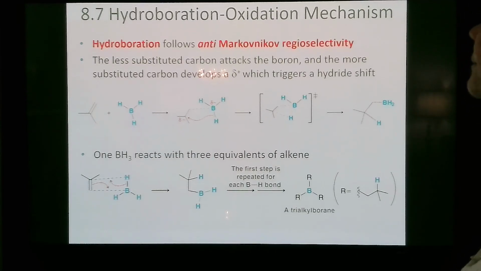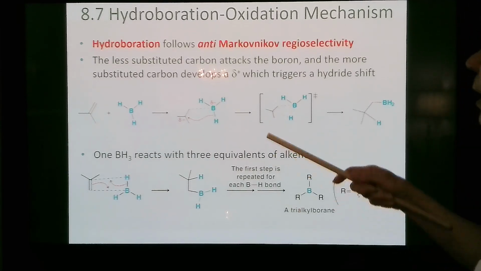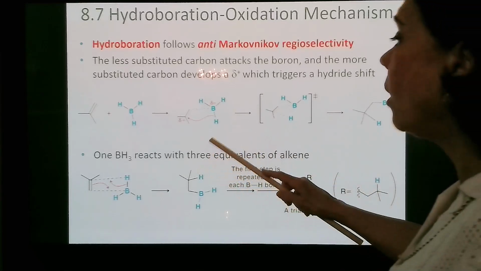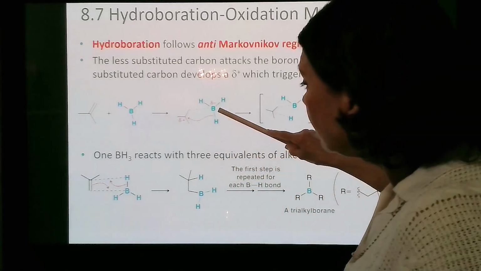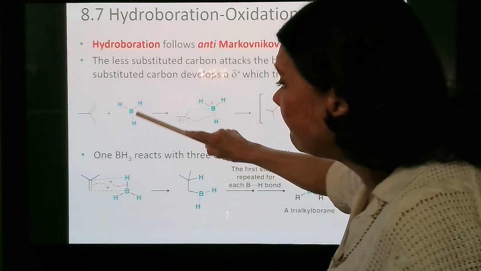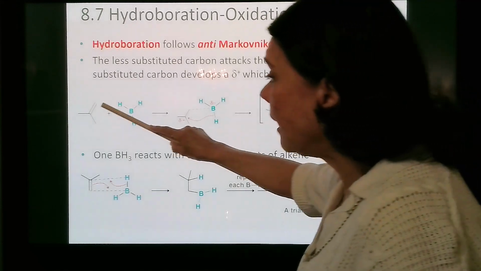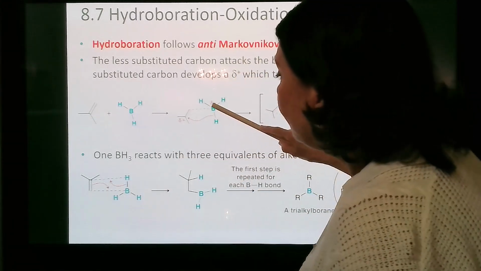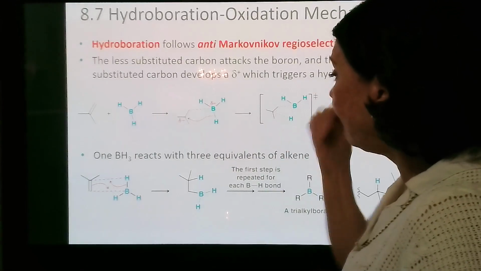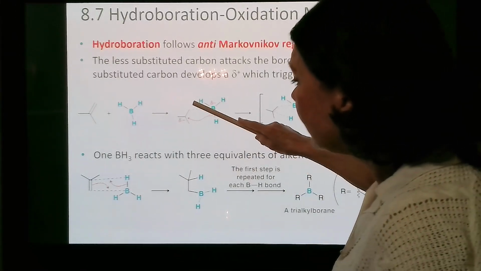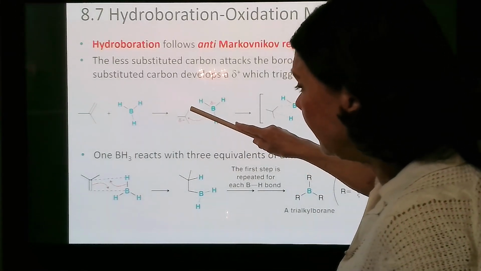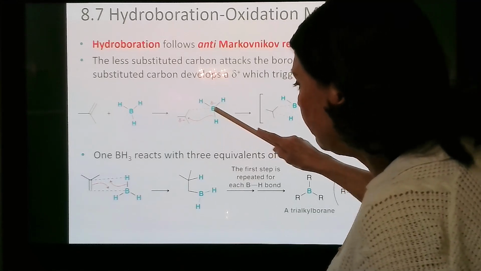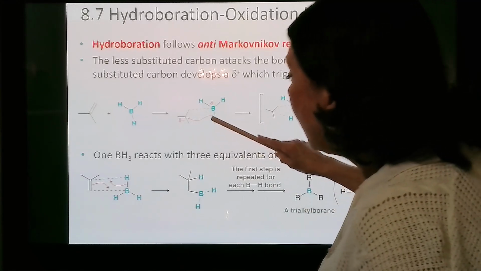Okay, so hydroboration, this is what I was telling you about. Notice that when you have BH3 come in to react with the double bond, the boron is attracted to the less sterically hindered end, because you've got some sterics here.